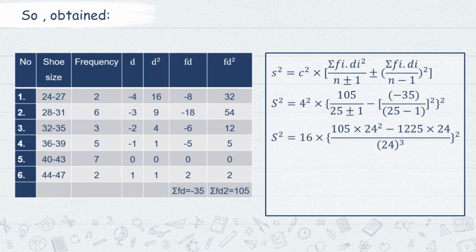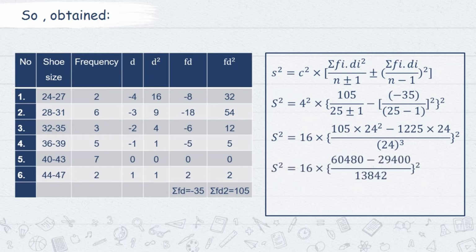So S squared equals 16 multiply 105 multiply 24 squared minus 1225 multiply 24 divided by 24 cubed, all squared.